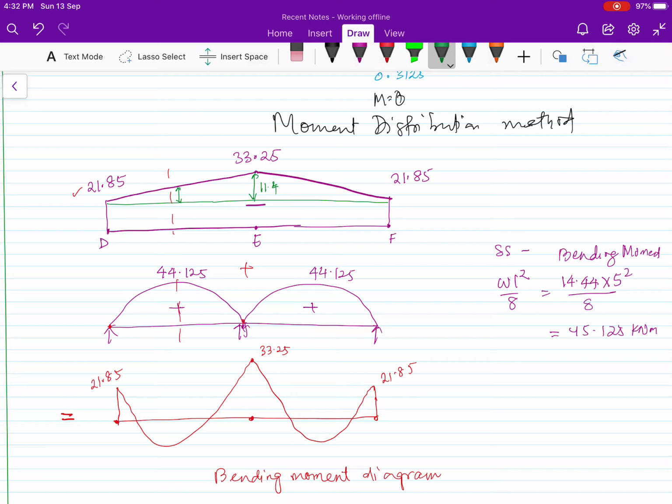By similarity of triangles, half of 11.4 is 5.7. So 5.7 plus this value 21.85, because this is 21.85. So at the center you have 27.55. Here also at the center you have 27.55.